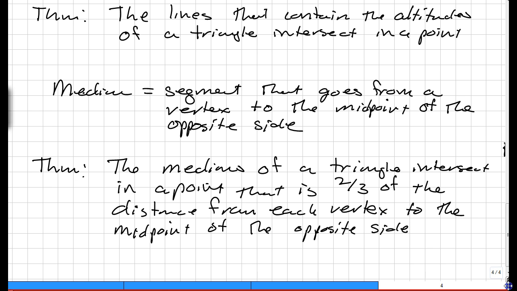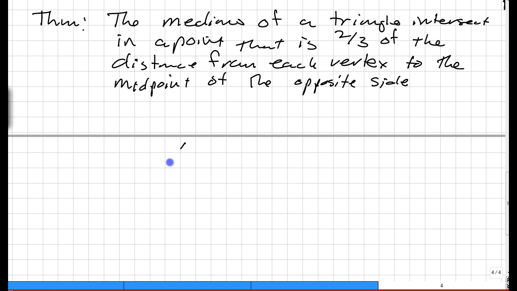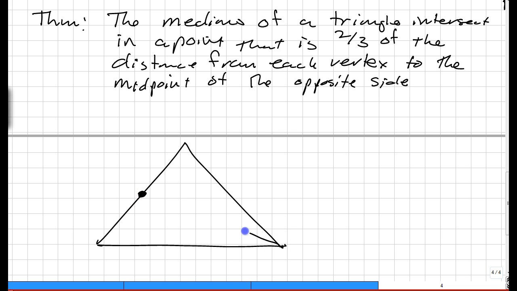So basically, we have some triangle, and let's say that this is the midpoint of this side. This is the midpoint of this side. And then this is the midpoint of this side. Okay? So they are concurrent at this point.